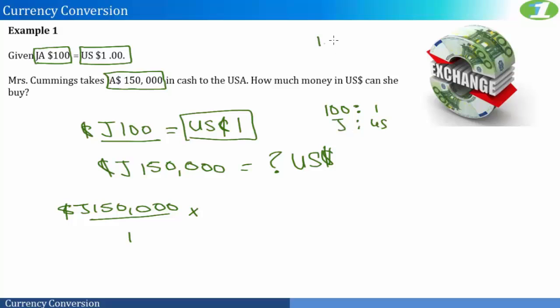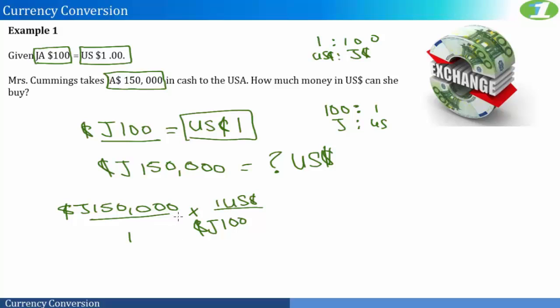Or you could have 1 to 100, which is US to J, all right? Since we have J here, we could have 100 J dollars, and then we will have US dollars on the top, so we will have US here, okay?